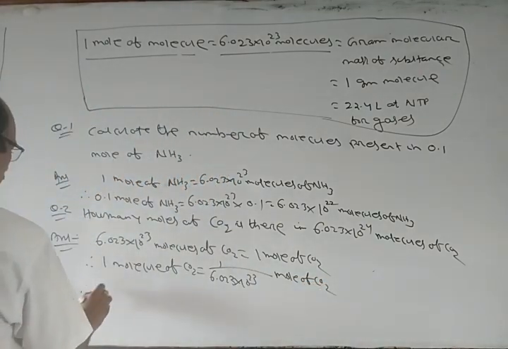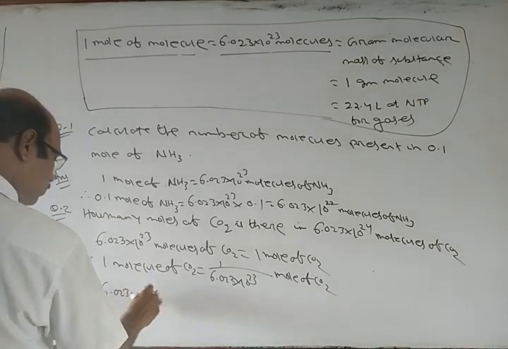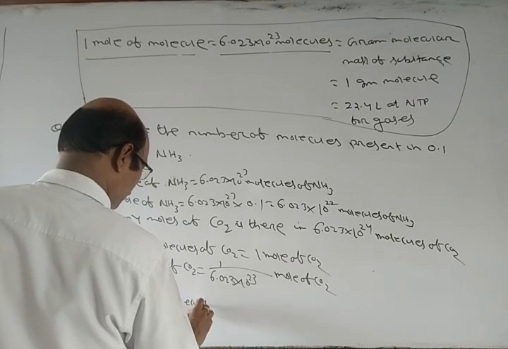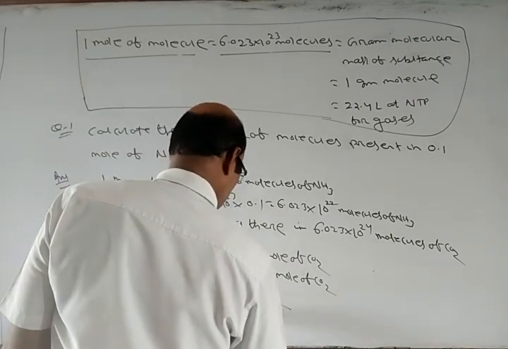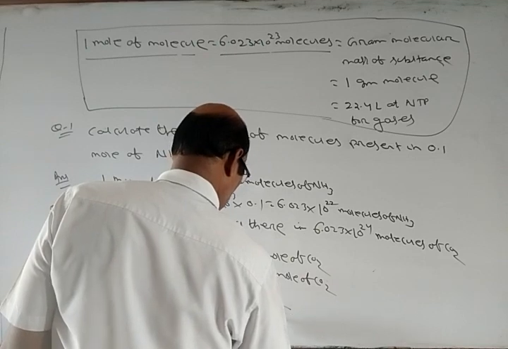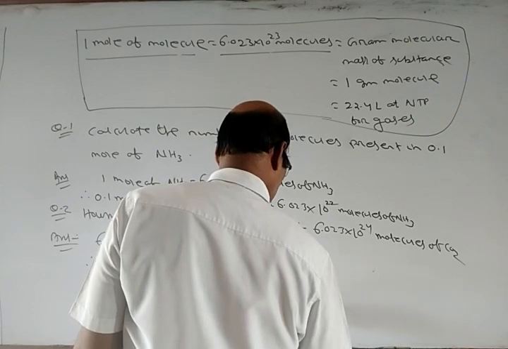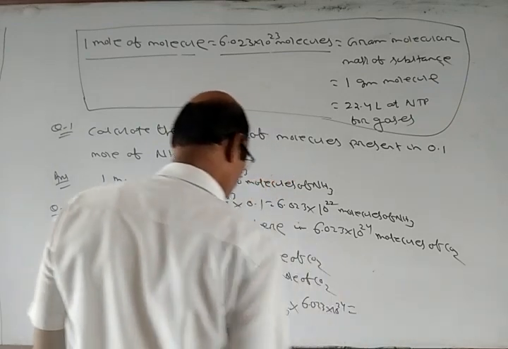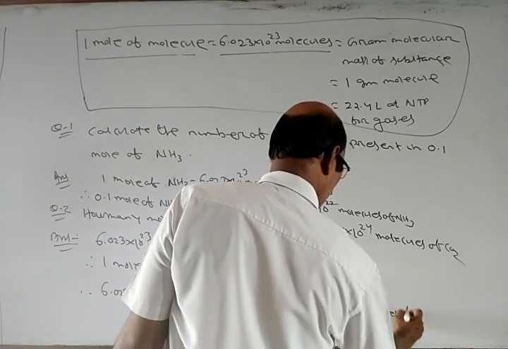Therefore 6.023 into 10 power 24 molecules of CO2 is equal to 1 by 6.023 into 10 power 23 into 6.023 into 10 power 24, which is 10 moles of carbon dioxide.